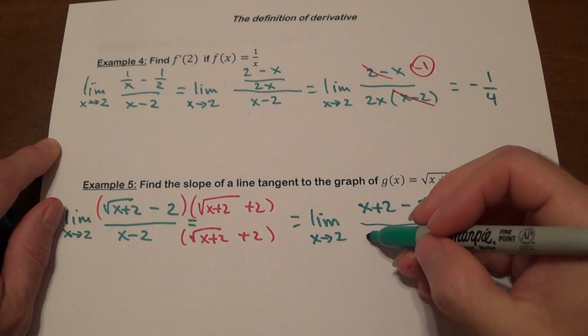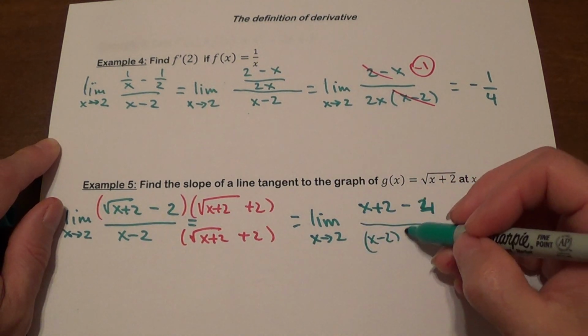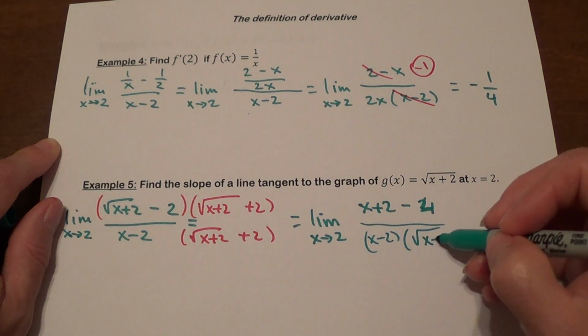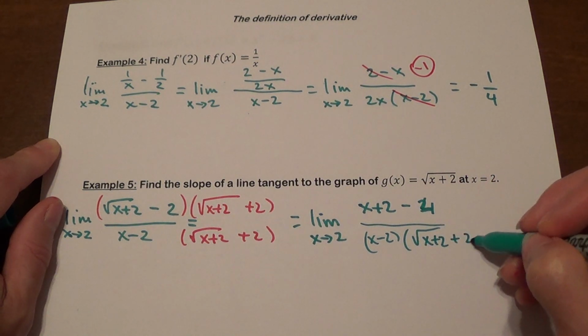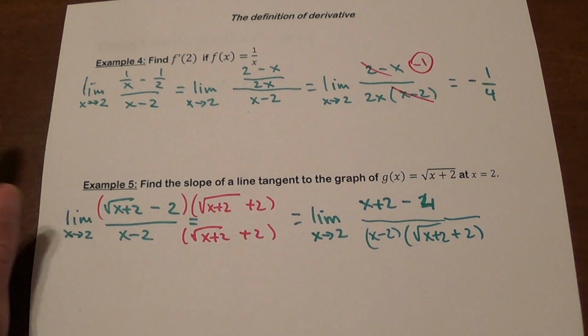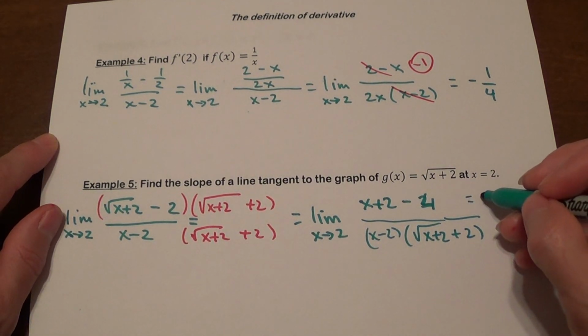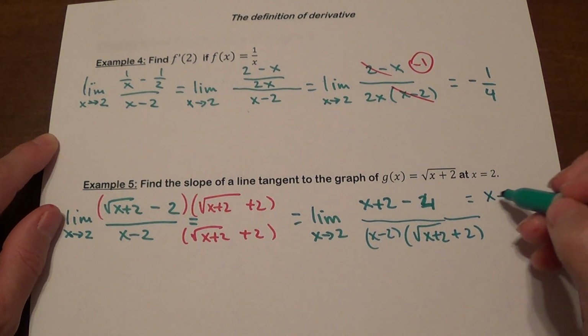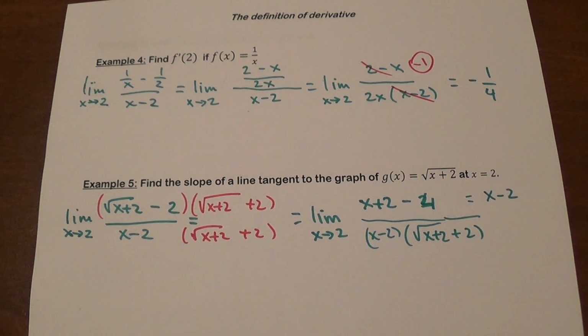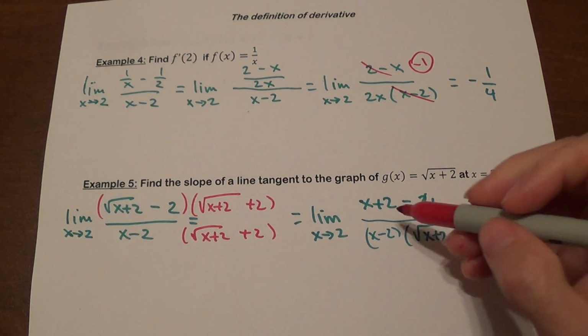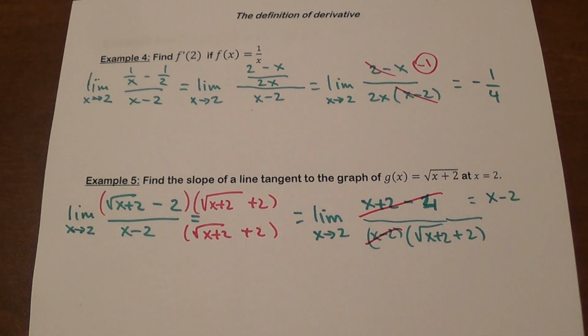The denominator is going to give you x minus 2 times this radical expression. So the numerator is going to become, this here is actually x minus 2, right? And then you can see that x minus 2, and x minus 2 on the bottom, so this expression here and this expression can cancel.